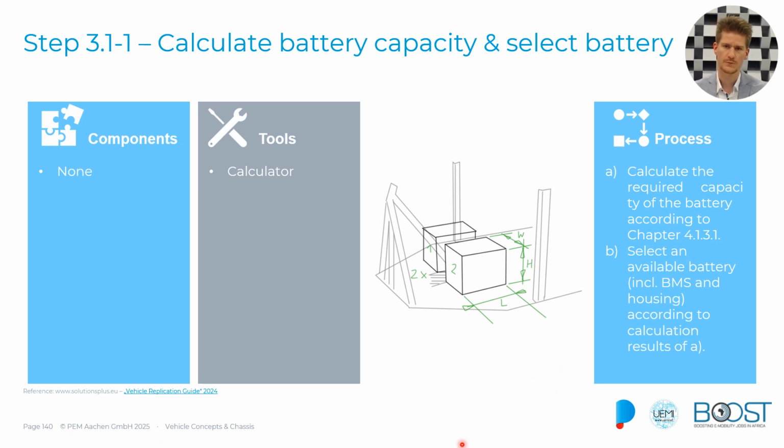And in this very case, we came up with 2 batteries, and these 2 batteries are stored in the area of the driver compartment, and the final seats are actually placed right above that. Again, it's preferred that the battery has a housing and that the battery has also a battery management system that comes with it.